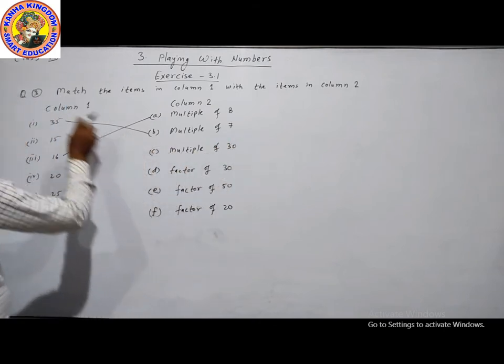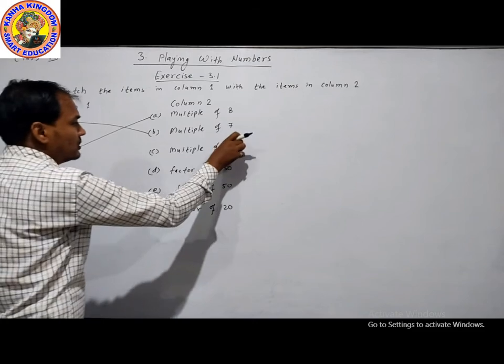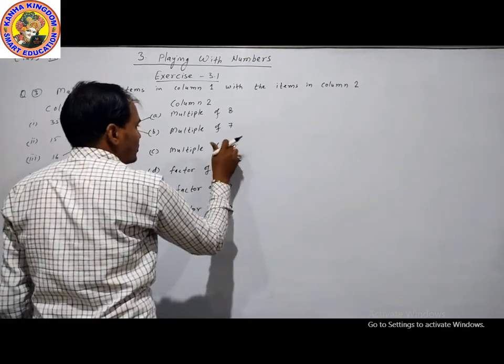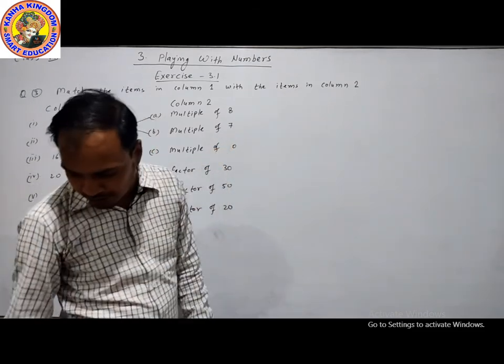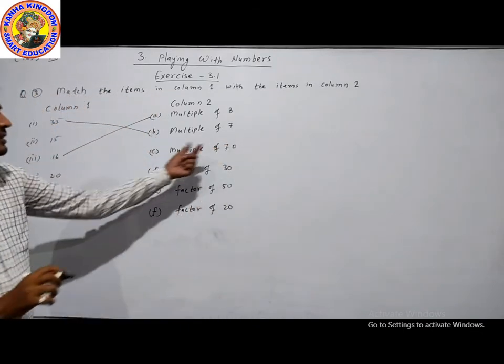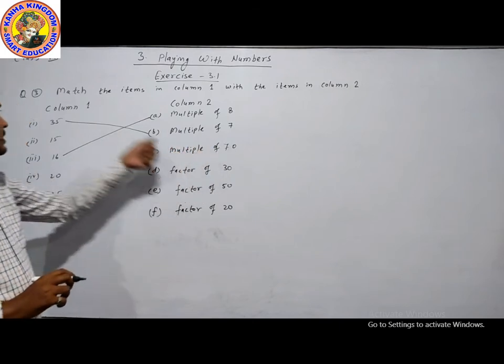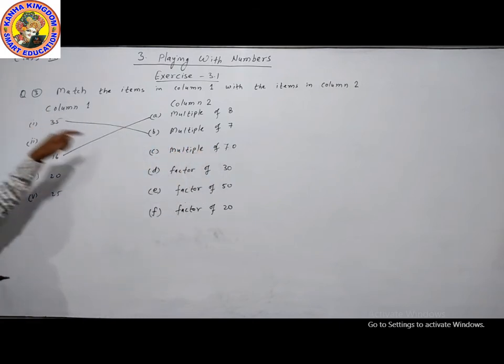Can 30 divide these numbers? No one is possible. Sorry. Next is 70, a multiple of 70. Which number can be divided by 70? No one.